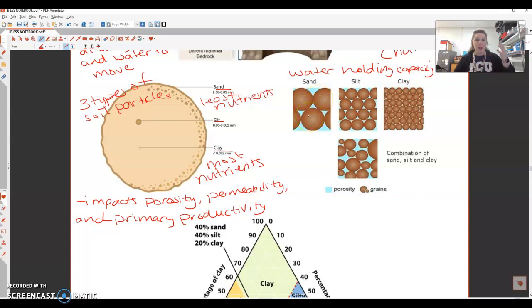So you can understand why water just flows straight through sand. It's not able to retain because the spaces between them are so large. Okay. So this right here has the most open space, meaning it doesn't hold water.